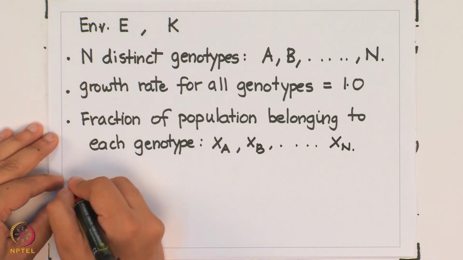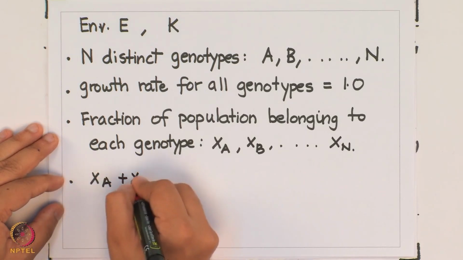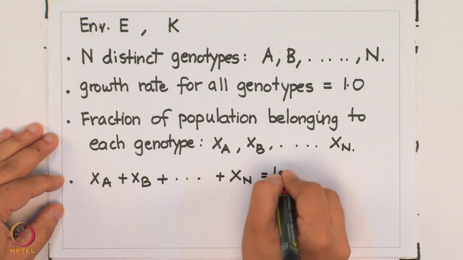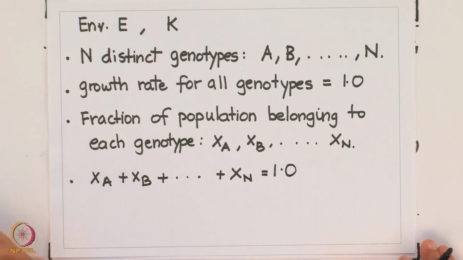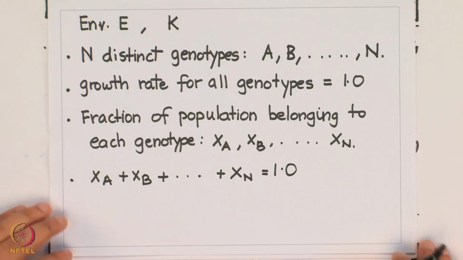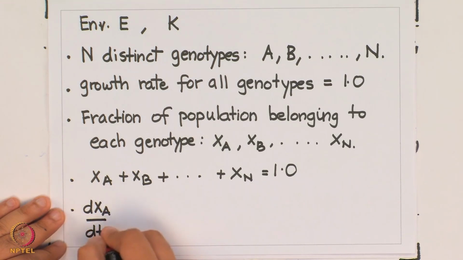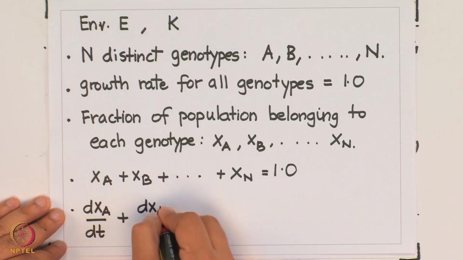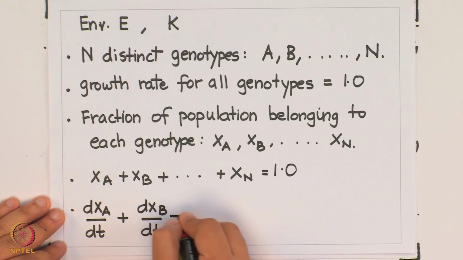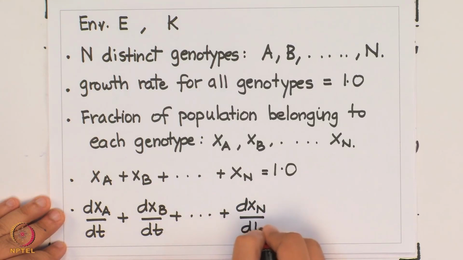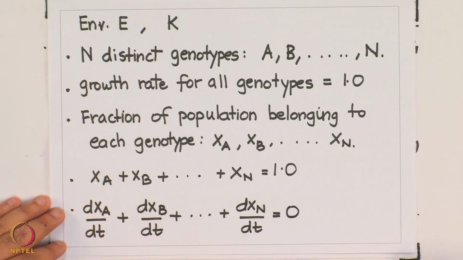You should note that Xa plus Xb going all the way up to Xn is equal to 1, because the sum of fractions of individuals belonging to each particular genotype has to be equal to the carrying capacity K, and hence this comes out to be equal to 1. And when I differentiate this, dxa by dt plus dxb by dt going all the way up to dxn by dt, this quantity should be equal to 0.